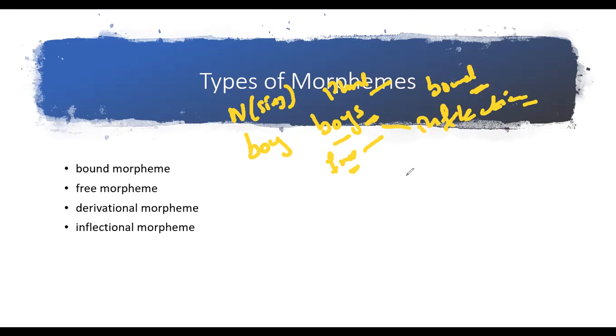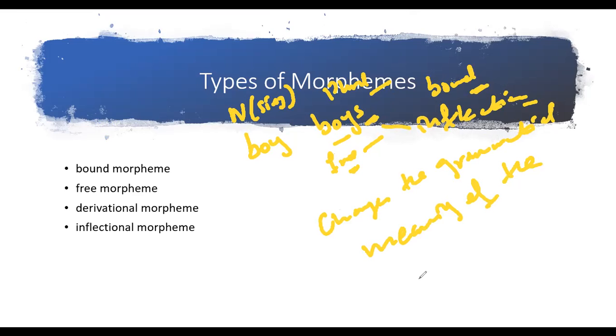Why inflectional? Because it changes the grammatical meaning of the word "boy", because it changes it into "boys". The addition of "s" indicates that we're talking about a plural noun now.